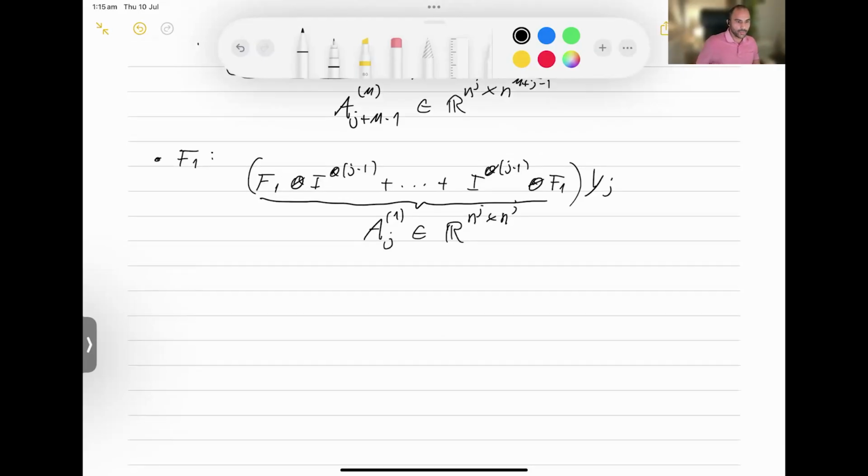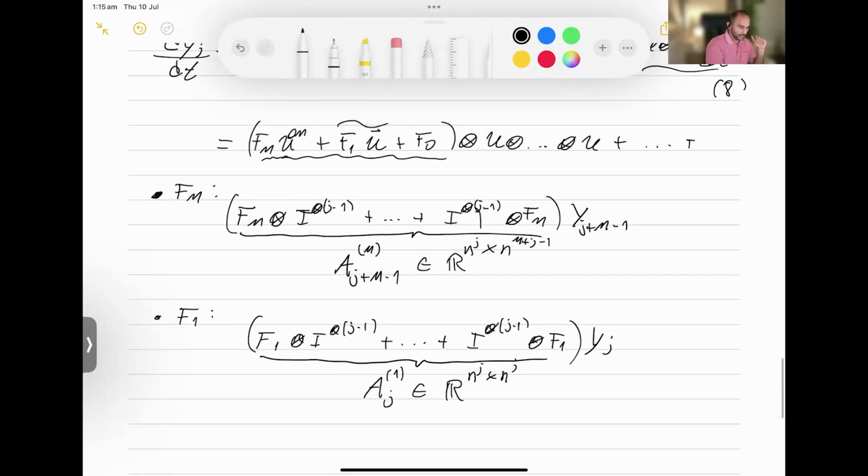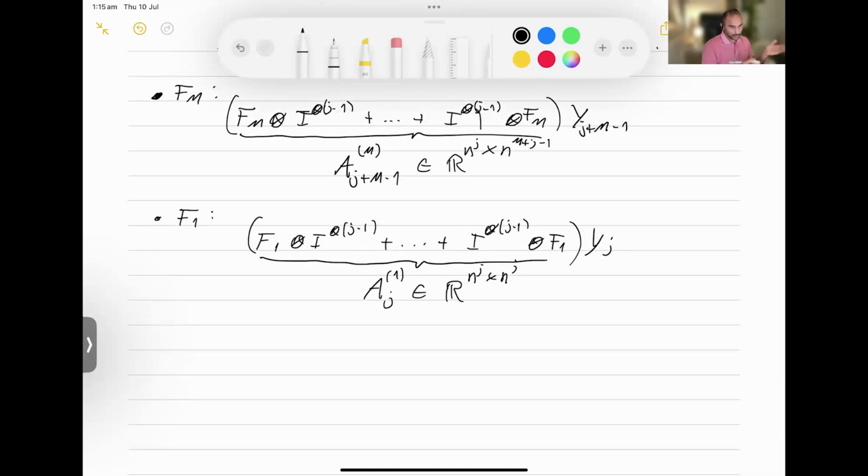And finally, you have the component of F0, which actually subtracts one element, because F0 doesn't bring any u with it. So that's just going to remove one. So the operator itself, we can call F0, is the same idea.